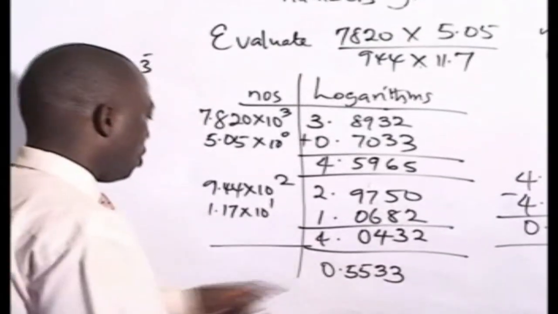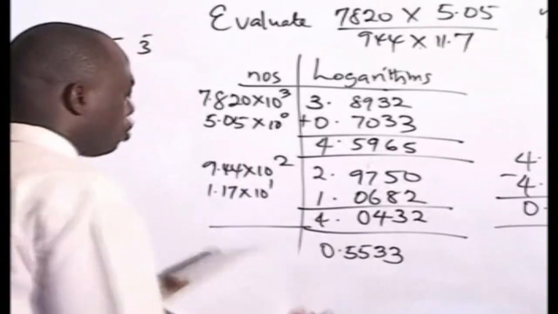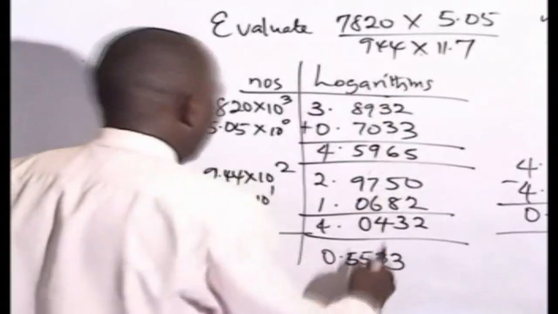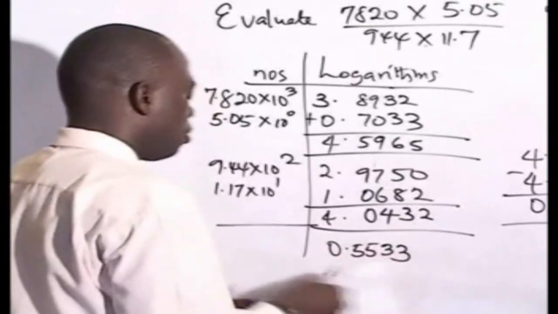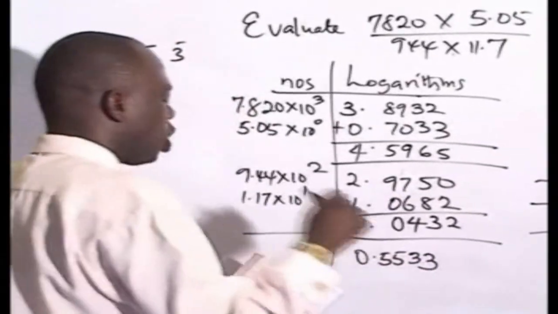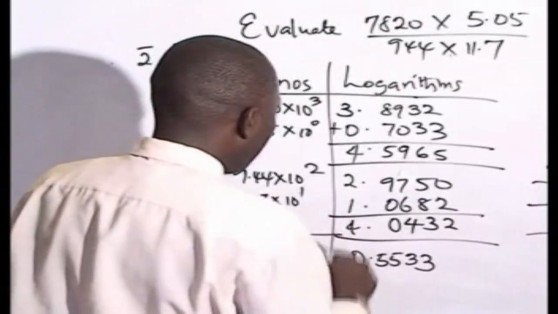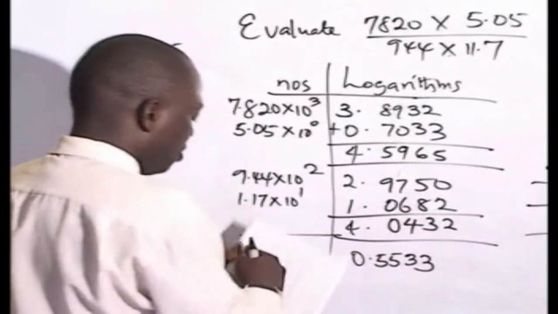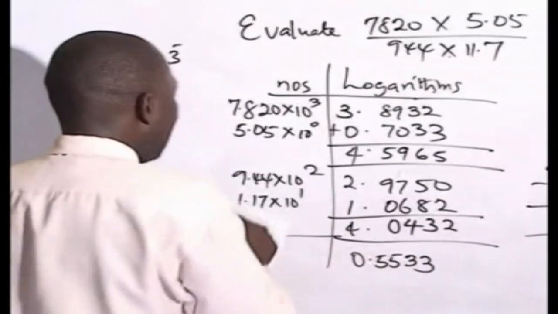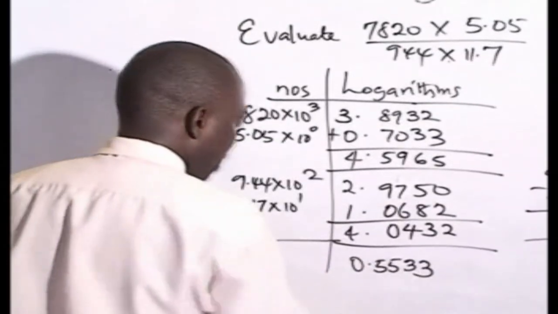0.55 under 3, difference 3. Again, to convert a number in logarithm back to numbers, you open your 4-figure table to the table of anti-logarithms of numbers, and then you will check 0.55, which is on this side, under 3, difference 3.